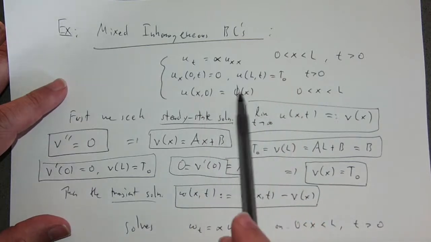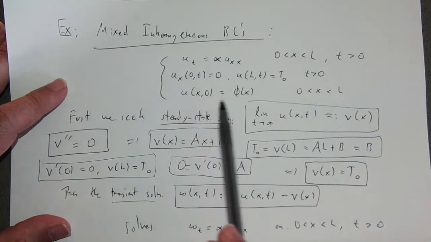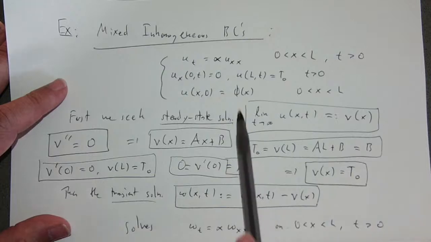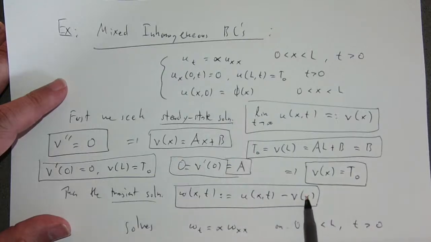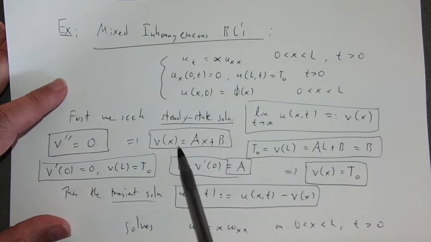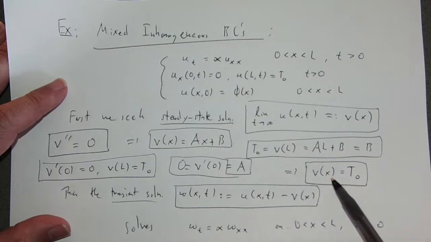And then the initial condition. W of x,0 is going to be u of x,0, which is phi, minus v of x.